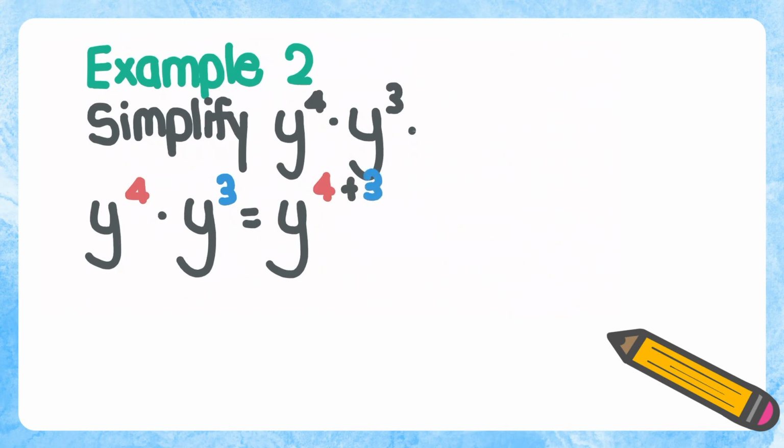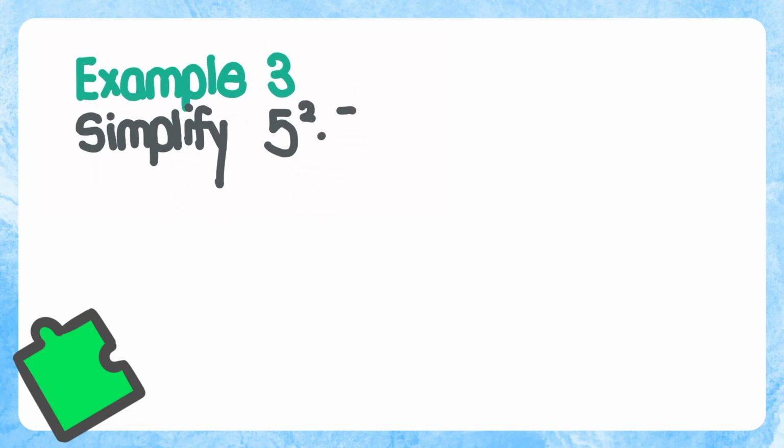And since 4 plus 3 equals 7, we know that the answer is going to be y to the power of 7. Now on Edpuzzle, use exponent rule number 2 to simplify 5 to the power of 2 times 5 to the power of 8.